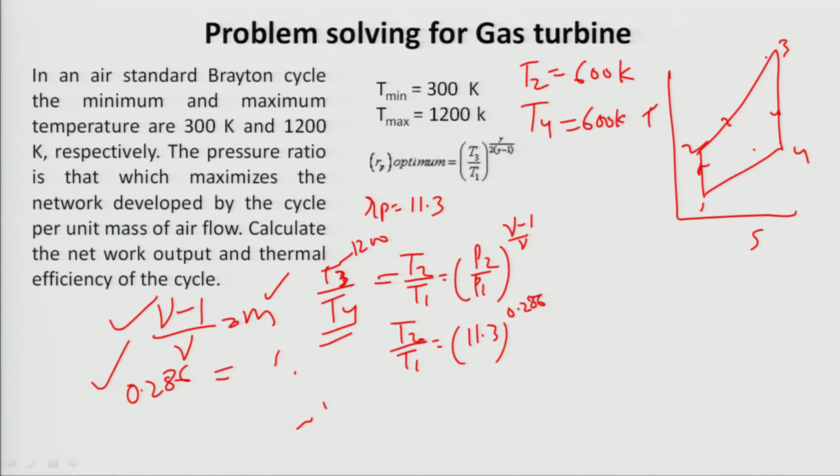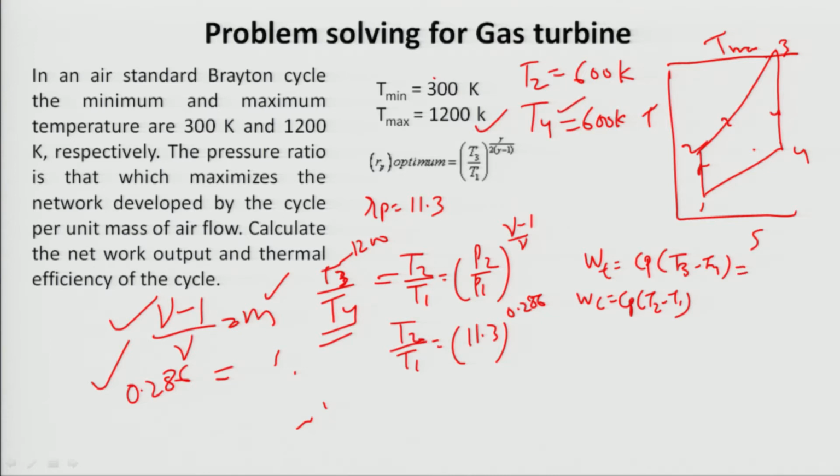Now, the only thing is we have to find out the net work and the efficiency of the cycle. For finding the net work, turbine work is Cp times T3 minus T4 for 1 kg of fluid, and compressor work is Cp times T2 minus T1. T3 is the maximum temperature, T max, and T4 we have calculated.